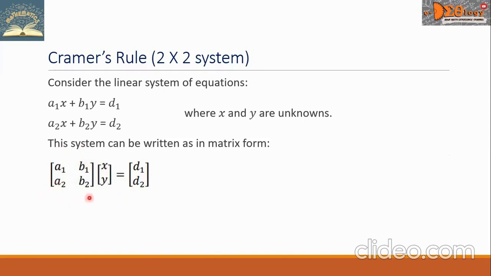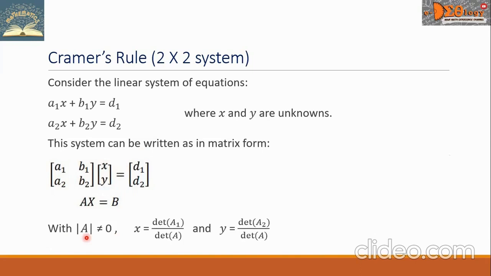We have the matrix for the coefficients a sub 1, b sub 1, a sub 2, b sub 2. Then we have the matrix for the variables, the column matrix x, y, equals the matrix for the constants. This is the column matrix d sub 1, d sub 2. And this is the same with AX equals B. A here is the matrix for the coefficients. X is the matrix for the variables. B is the matrix for the constants.